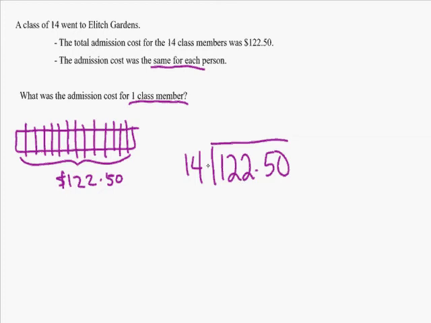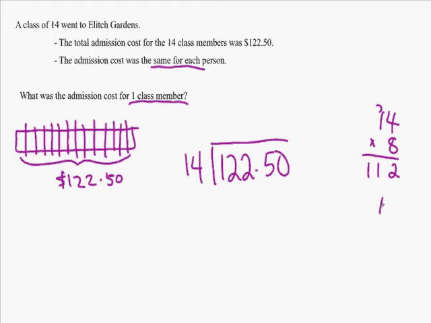So let's start estimating how many times we think that 14 can go into 122. Let's try 14 times 8 and see where that gets us. 8 times 4 is 32, carry 3. 8 times 1 is 8 plus 3 is 11. That gives us 112.